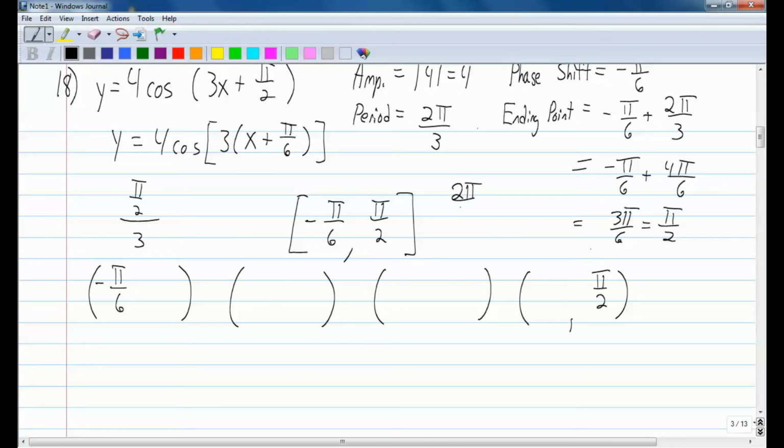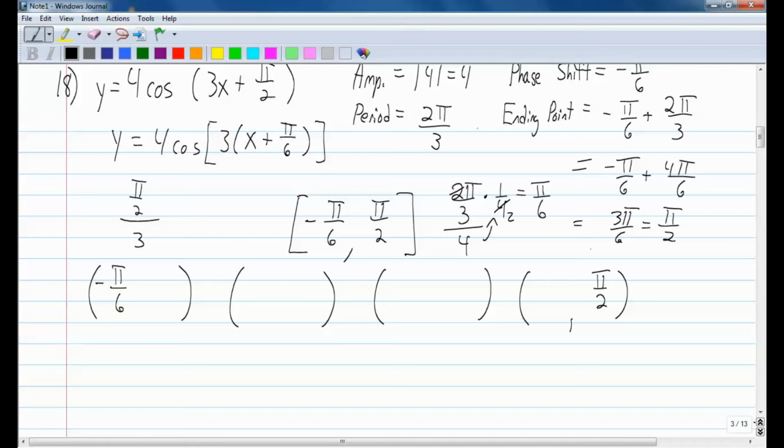So 2 pi over 3 divided by 4. Dividing by 4 is the same as multiplying by 1/4. So that's going to give me pi over 6. So I'm going to add pi over 6 each time to each significant point to get the next significant point.